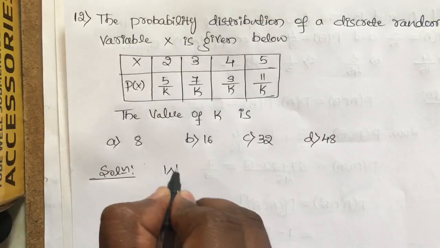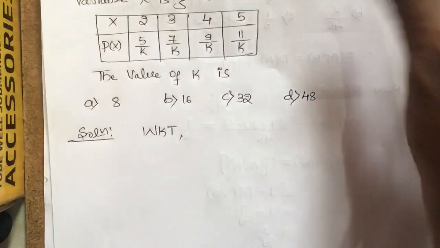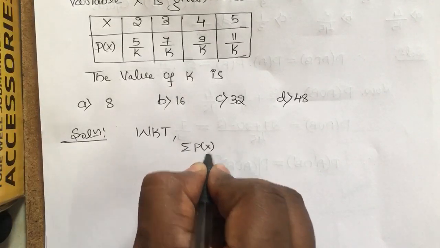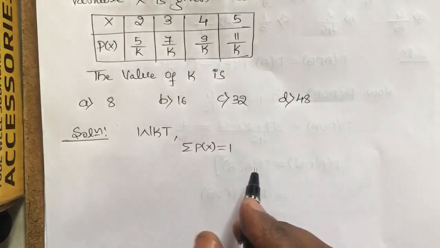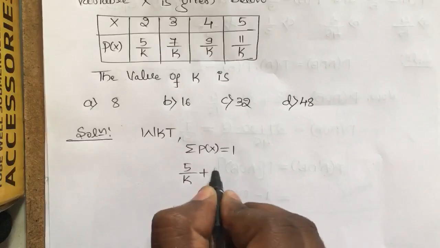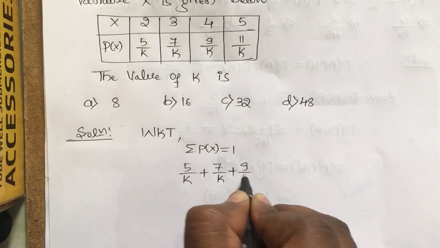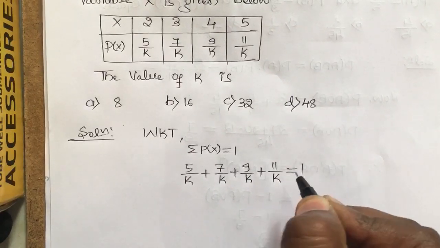So we know that sigma p of x is equal to 1. Sum of all the probabilities must be 1. That means 5 by k plus 7 by k plus 9 by k plus 11 divided by k is equal to 1.